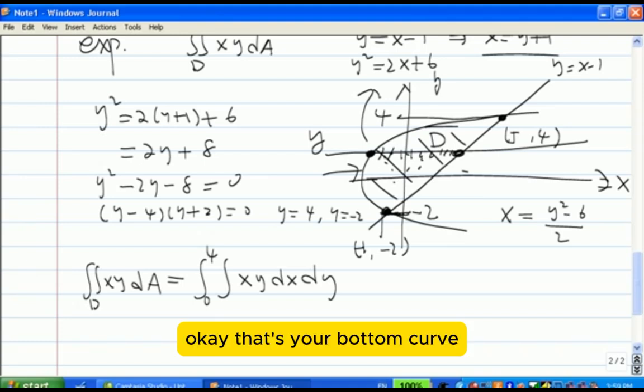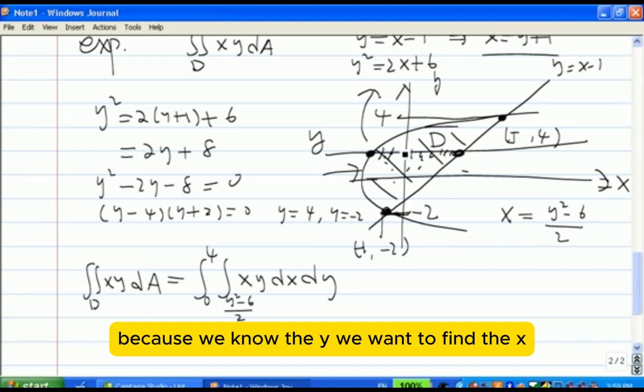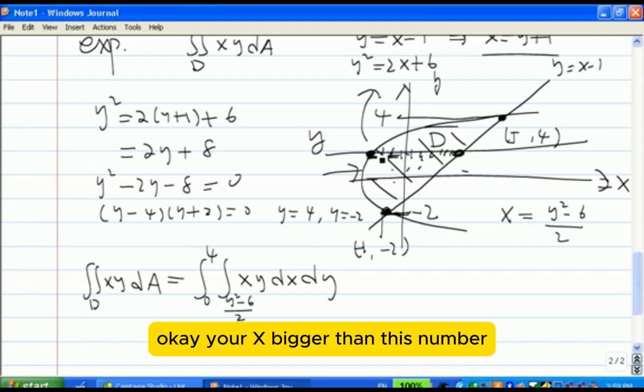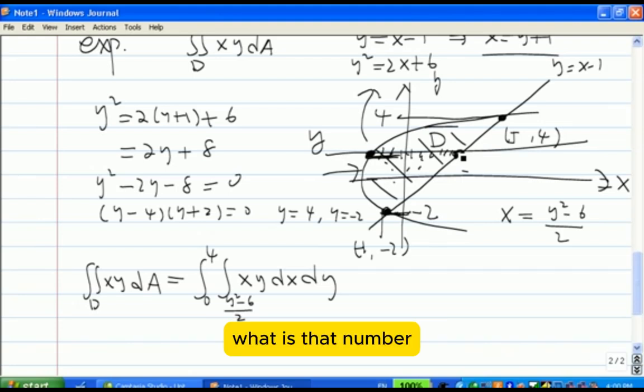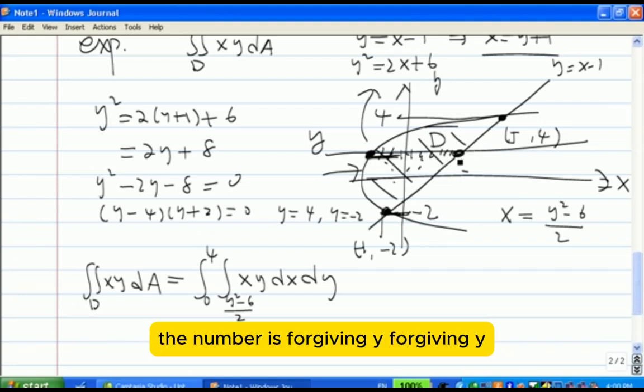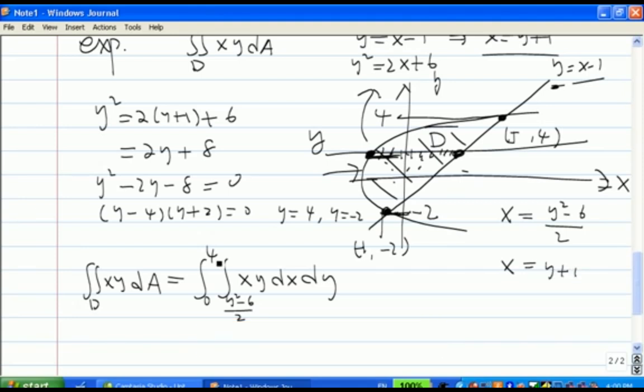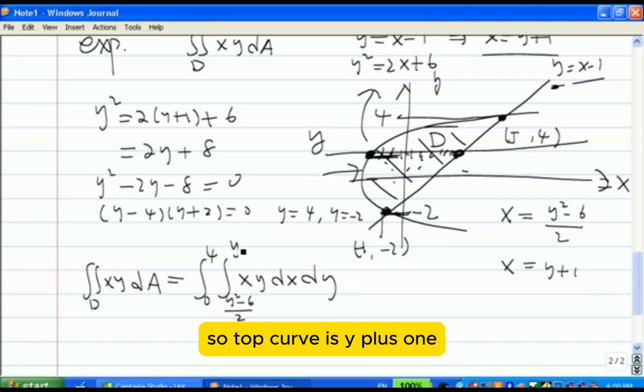That's your bottom curve. Because we know y, we want to find x; this distance is our x. Your x is bigger than this number and less than that number. What is that number? For given y, x is y plus 1. So the top curve is y plus 1.